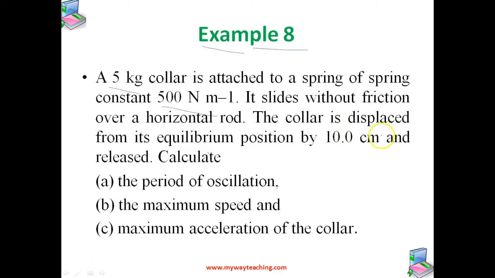The collar is displaced from its equilibrium position by 10 centimeter and released. So here we should calculate the period of oscillation, the maximum speed and maximum acceleration of the collar.